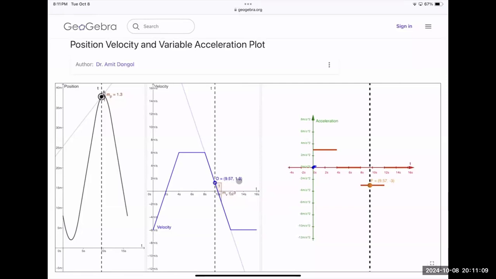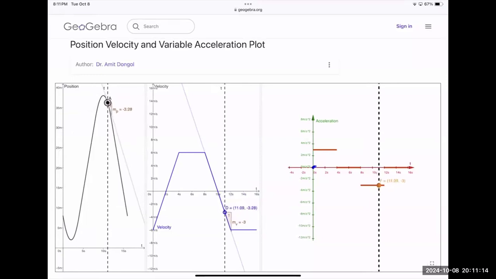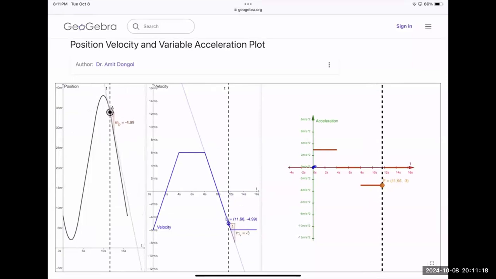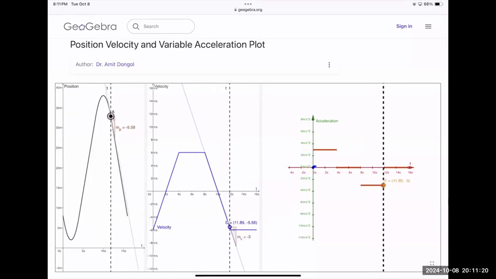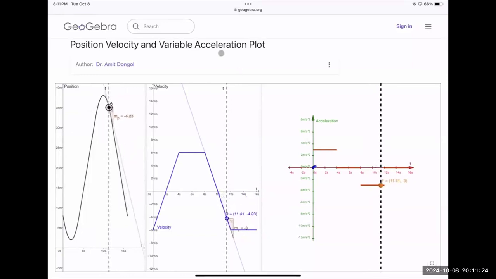Now as I am moving, my velocity is changing: negative 2.9, negative 3.47, 4.61, negative 4.99, negative 5.37, right? So velocity is changing. So that's why I have some magnitude of acceleration, which is not equal to 0.